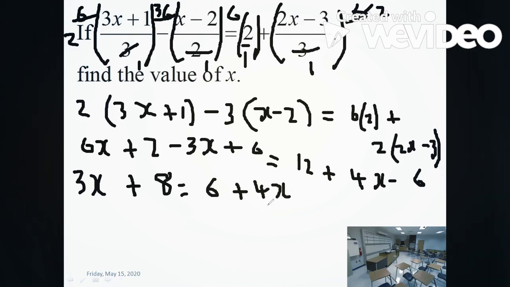Then we're going to group x. I'm going to put all the x's on the right hand side, all the numbers on the left hand side. But if you want to put all the x on the left hand side, numbers on the right hand side, no problem. But to get this 3x over on the right hand side, I'm going to subtract 3x on the left hand side.